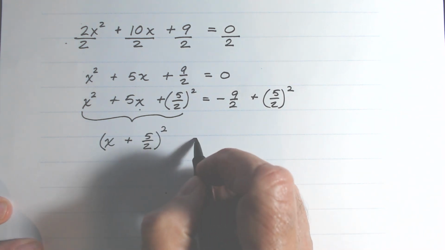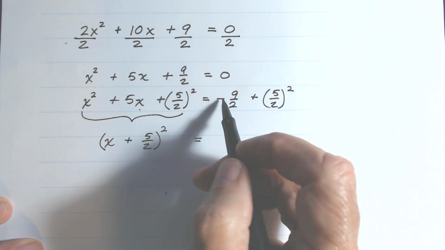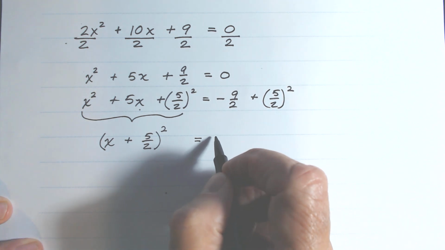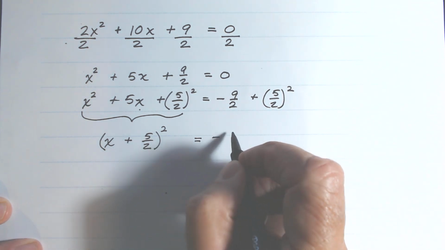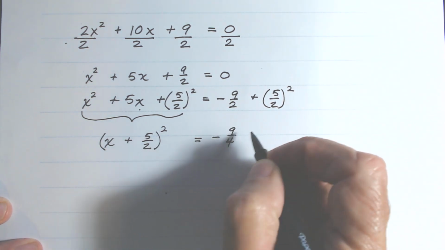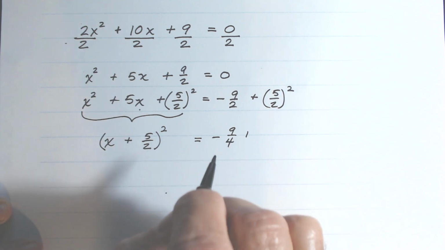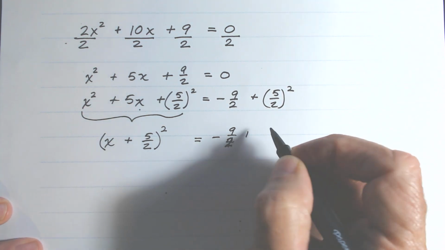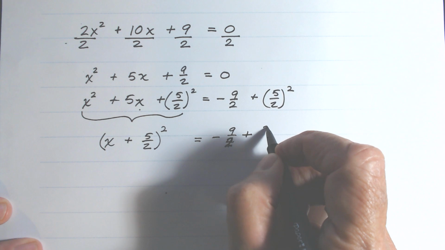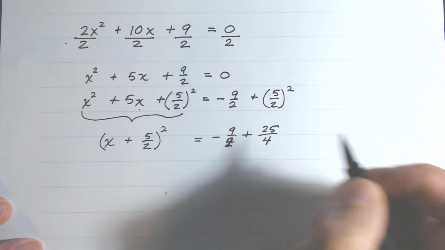squared equals, and here we have to do a little bit of fraction arithmetic. So we're going to do negative 9 over 2 plus 25 over 4.